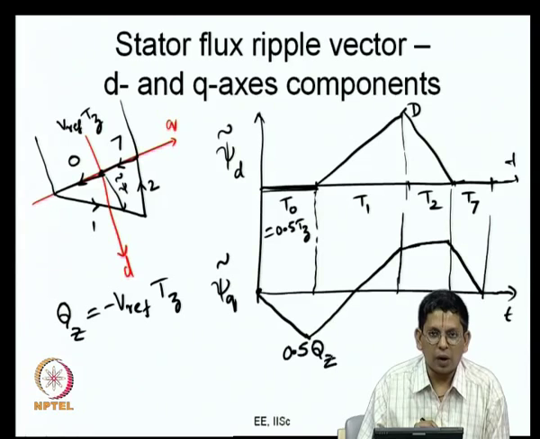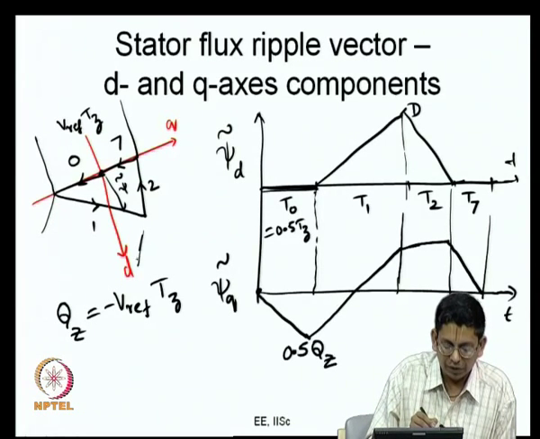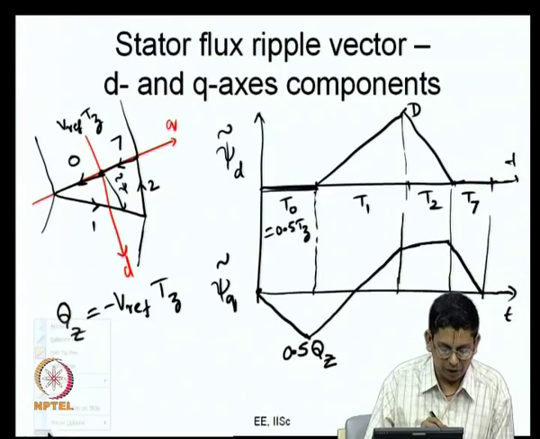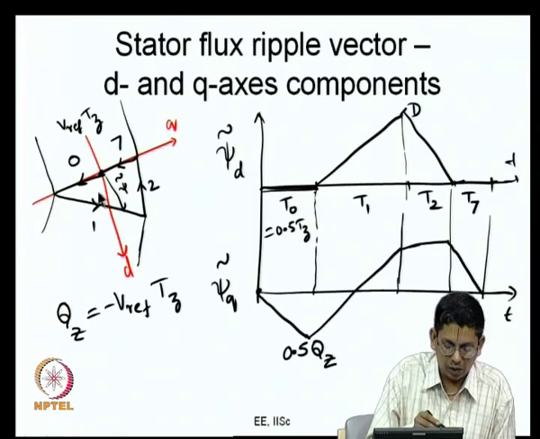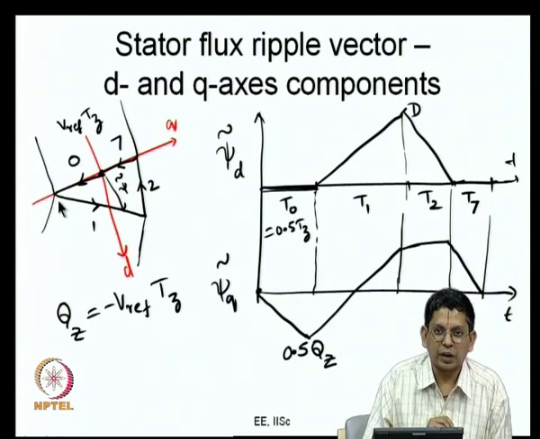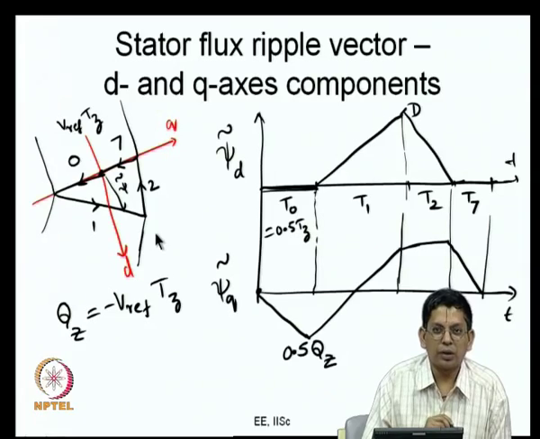Then you have the other quantity, which is the length of the other side of the triangle. What is the length of this side? This is again the error voltage vector. So what is the error voltage vector corresponding to this side? It is V 1 vector minus V reference vector, that multiplied by T 1 is the length of this particular side.